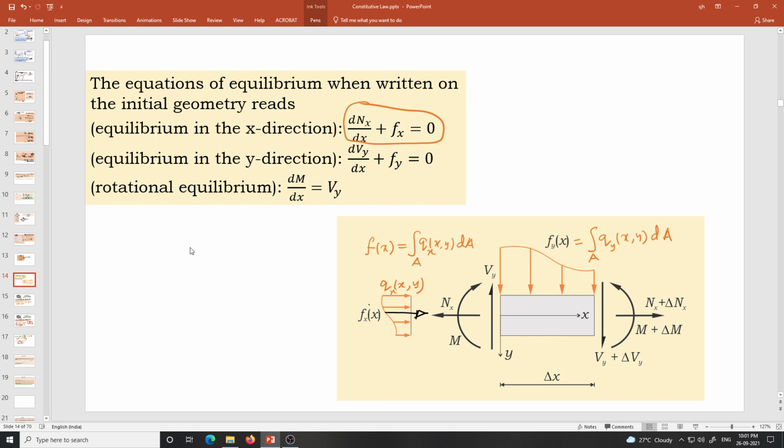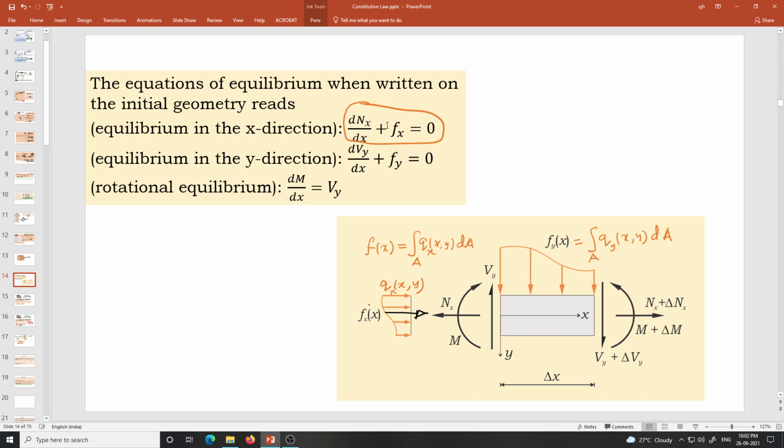Before that, we recall the equilibrium of a small differential element. This type of diagram you have learned in your mechanics course: the axial force N, the bending moment M, and the shear force V. I'm not going to consider the bending moment M and the shear force V, only the axial force, because it is a rod problem.